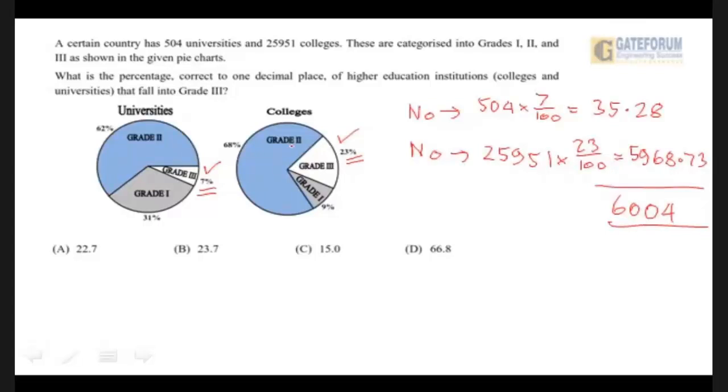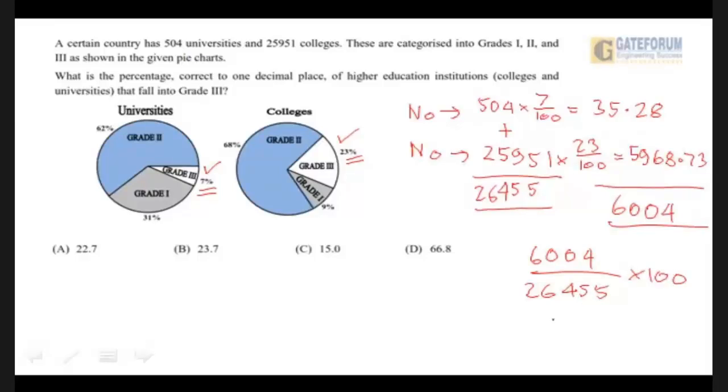So the total is that, and what's the percentage that they have asked? Now you will say 504 plus 25951 also needs to be added up. So the addition of this would be 26455. So our basic calculation is 6004 divided by 26455 into 100. This will give us the percentage. Now put it in your calculator and find out what this comes to.